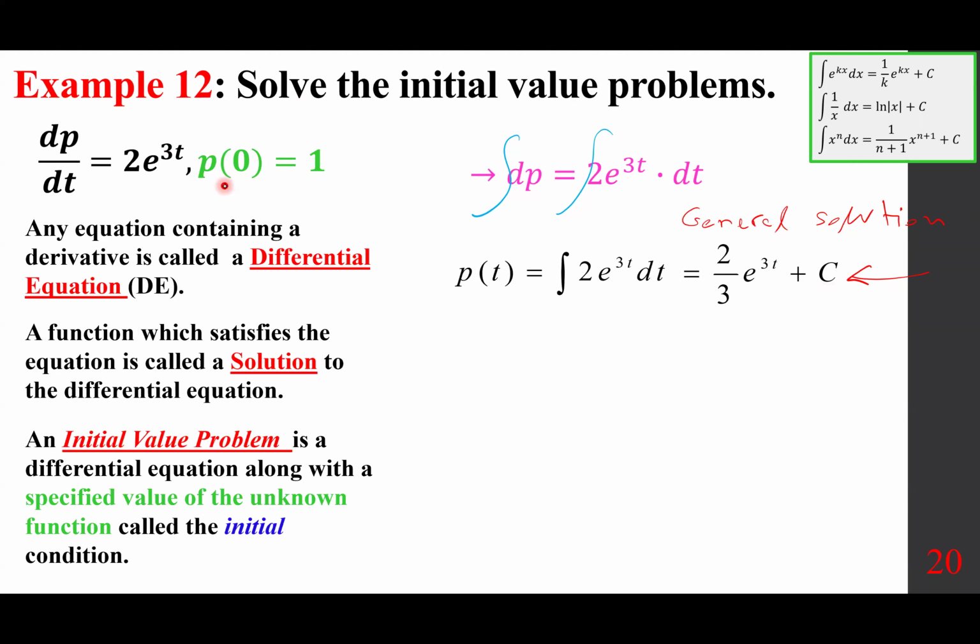Now this means the pair 0, 1. And if you have a pair, now for this function p of t equals 2/3 e to the power of 3t plus c, you can plug in and find the constant. So p of 0 equals 1. So 2/3 e to the power of 3 times t, which is 0, plus the constant equals 1.